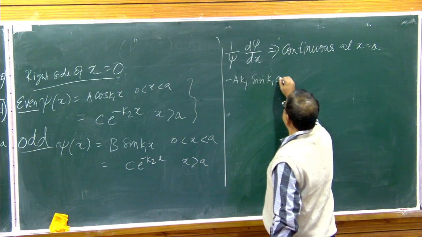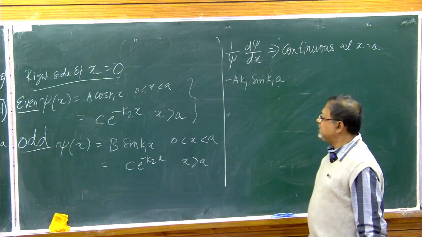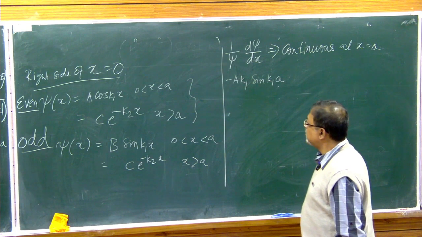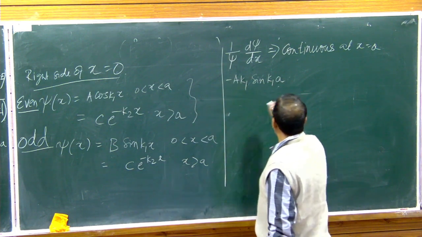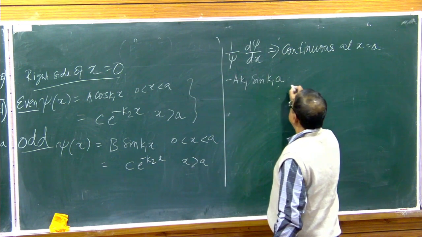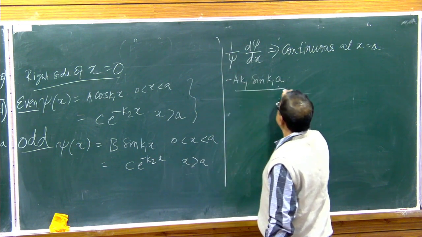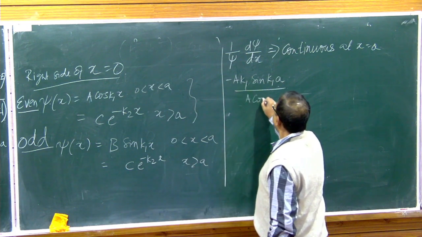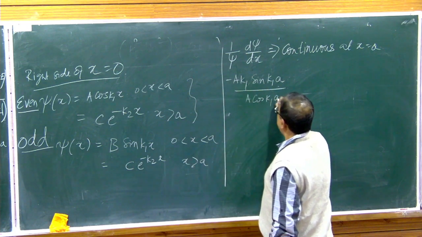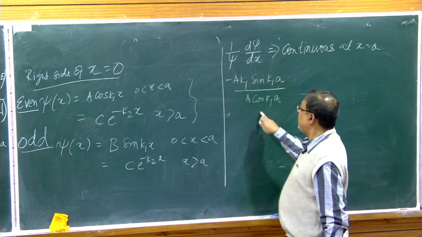Cosine goes to minus sine, with k1 coming out, and that has to be matched after dividing by A cos k1 a, because that's 1 over psi here.